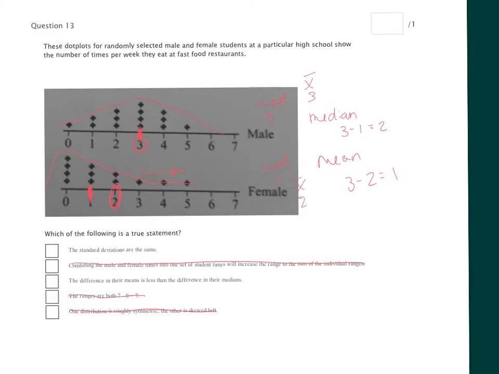So the difference in their means is less than the difference in their medians. And that is because the female is skewed to the right. So I'm going to go with that answer.